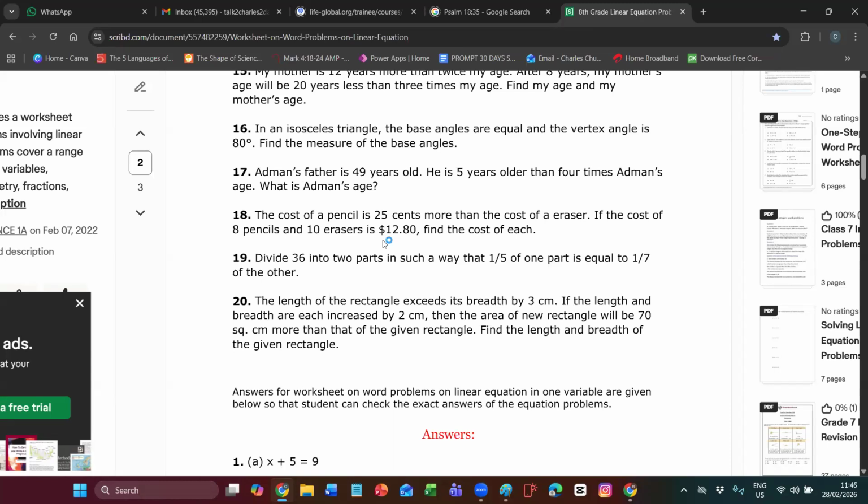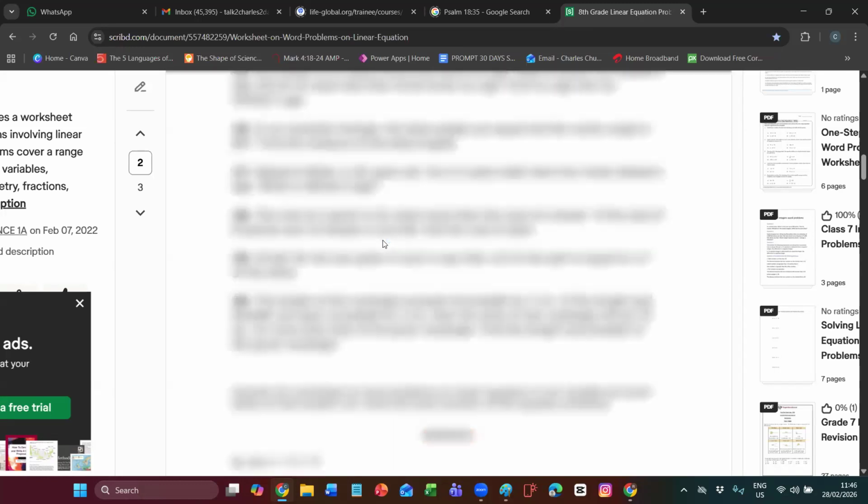So okay, let me clarify it. Put it in a different way, right? Let the price of a pencil be P and the price of an eraser be E. How would you write the first sentence in mathematical form?